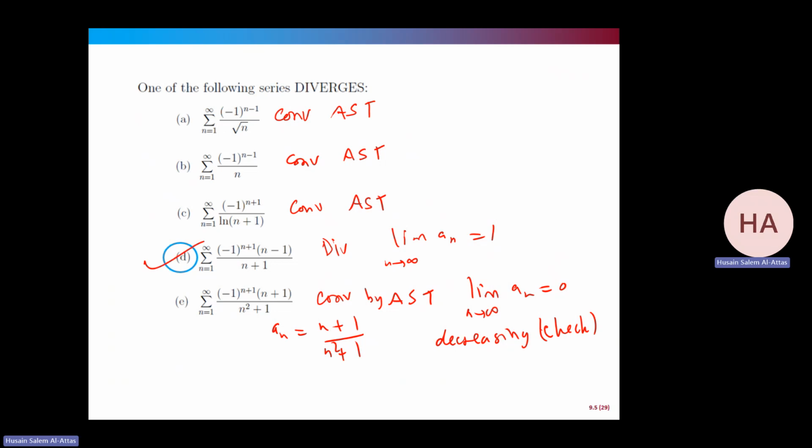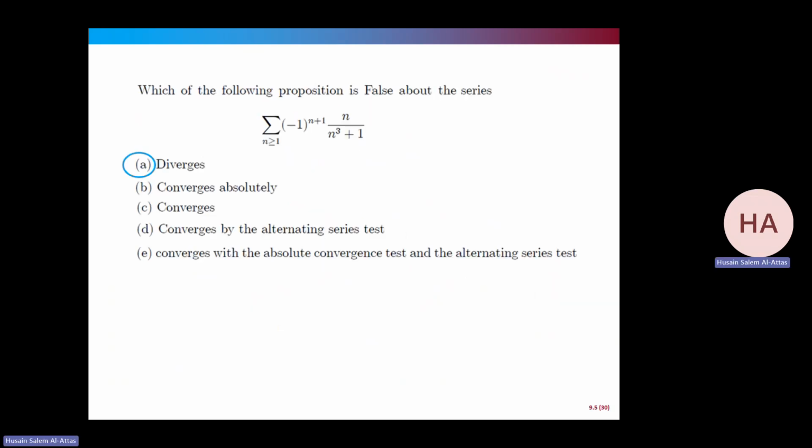The rest are converging. Which of the following statements is false about this series? Diverges, converges, absolutely converges, converges, alternating series, converges. Yeah, we're not talking about absolute convergence. It's only just take the absolute value and check the series.